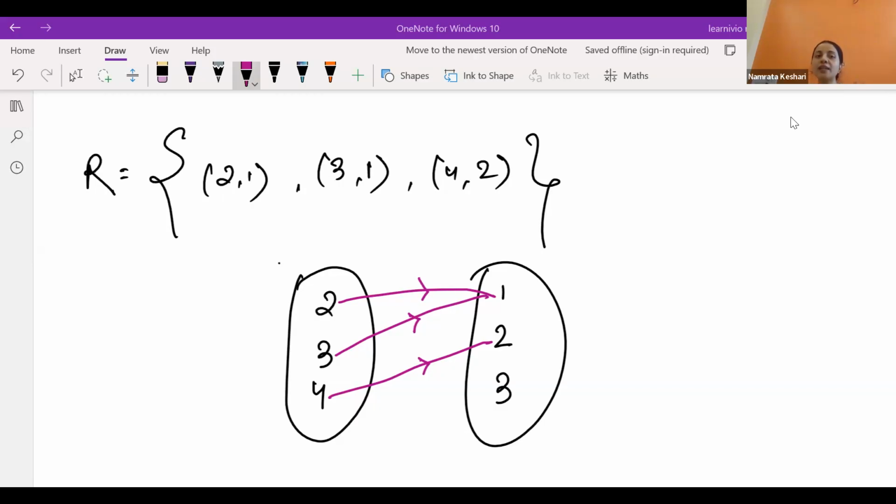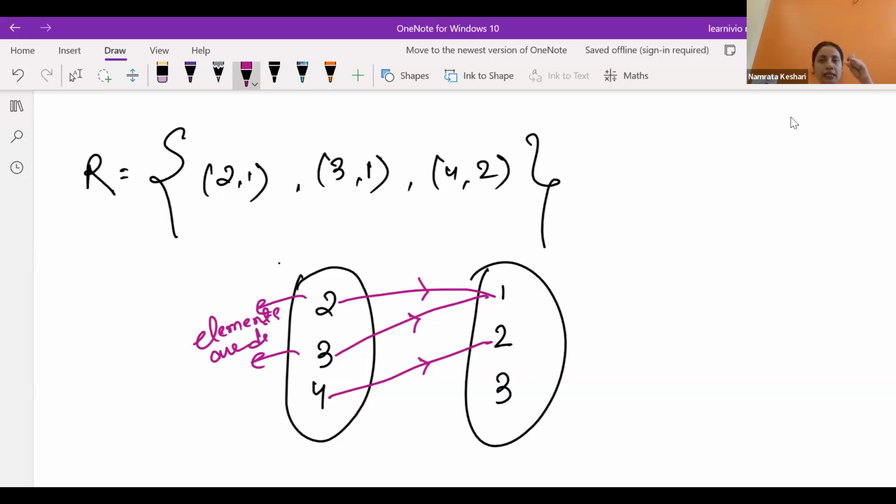Okay, each and every element must have its unique image. If these elements, here 2 and 3, are completely different, then their images must not match.